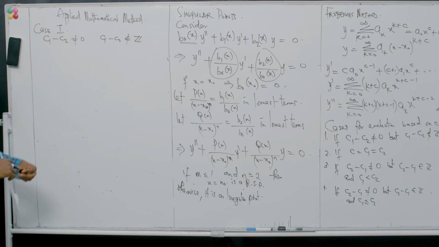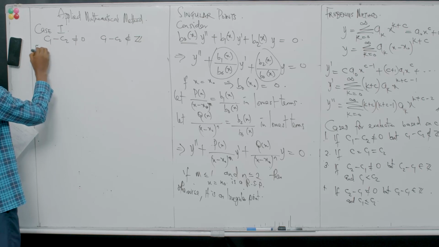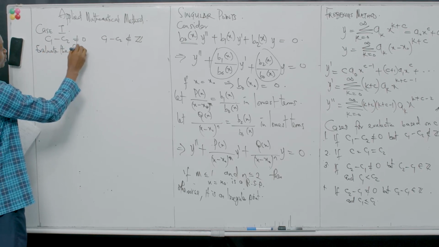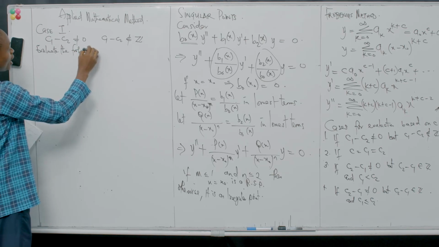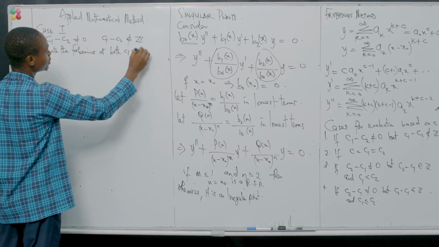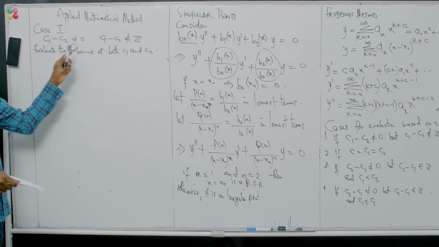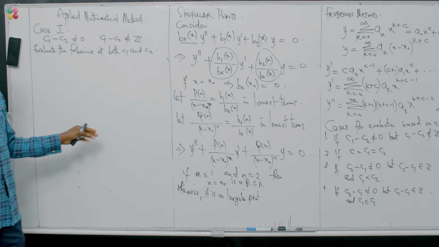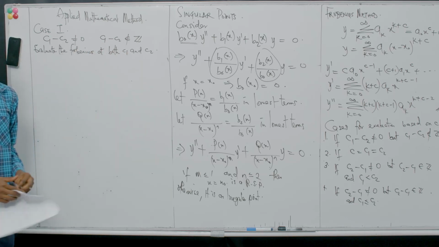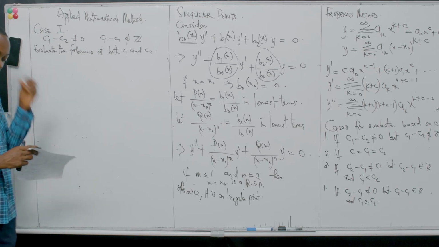What we simply do in this case, when we have a case like this, is we evaluate the Frobenius series at both c1 and c2. This is going to be our final result. So if both of them are not the same thing, then evaluate at c1 first, then evaluate at c2 next. That is how we evaluate this first scenario.